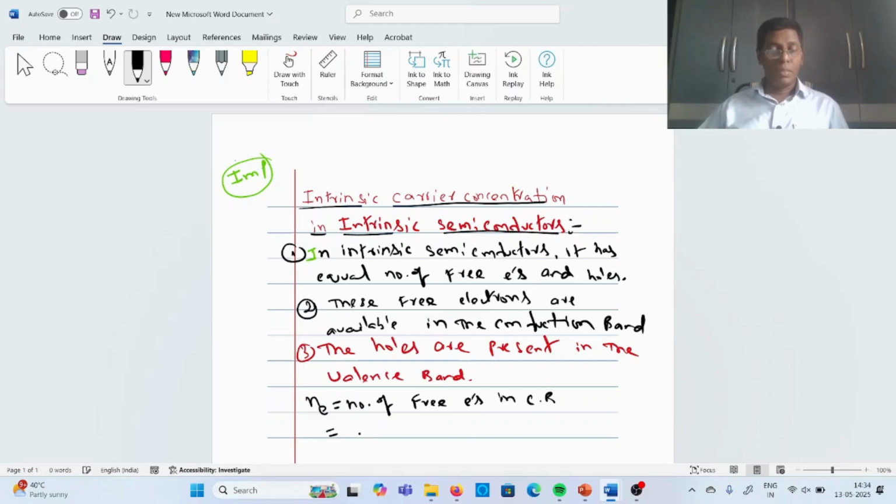Mathematically, this can be written as follows: Ne is equal to Nc into exponential of minus of Ec minus Ef divided by KBT. This is the free electron concentration in the conduction band.